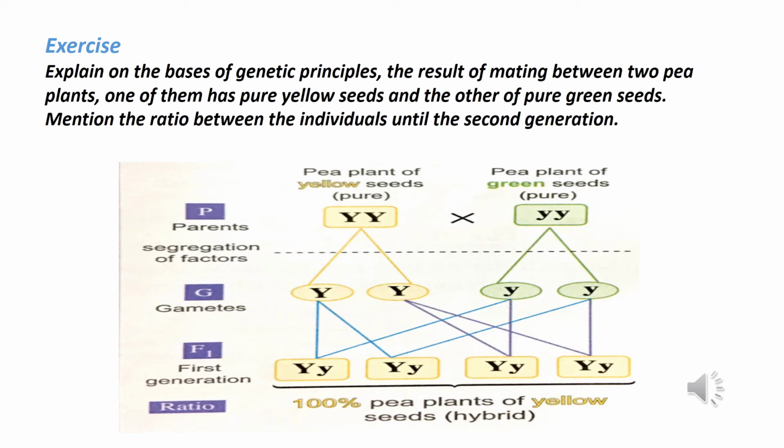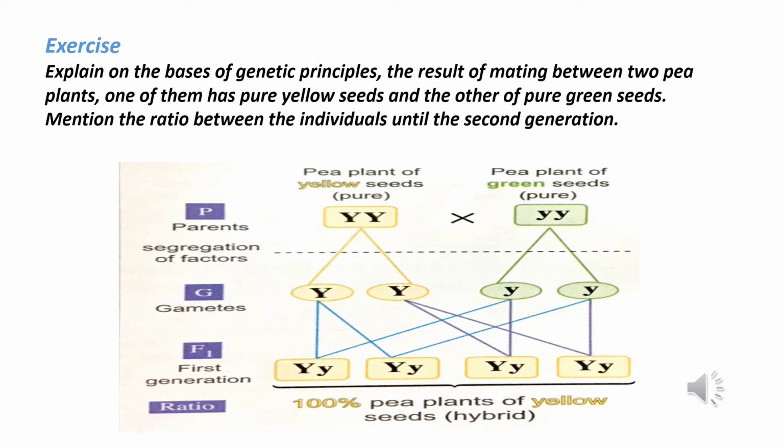Each trait, as we said, is symbolized by two factors, two letters. The dominant trait is symbolized by two capital letters, as yellow seed is represented by capital Y and capital Y, while green seed is small y and small y. During formation of gametes, the two factors are separated from each other.